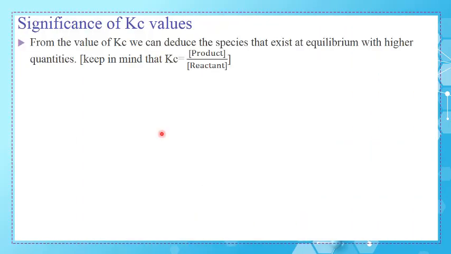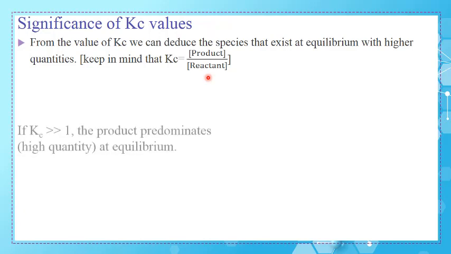Now, what is the significance of Kc values? From the value of Kc, we can deduce which species exist at equilibrium in higher quantities. How? You have to keep in mind that Kc has this form: the concentration of the product over that of the reactant.